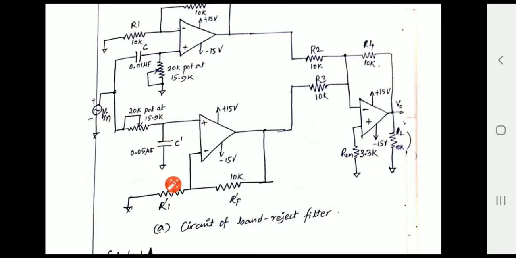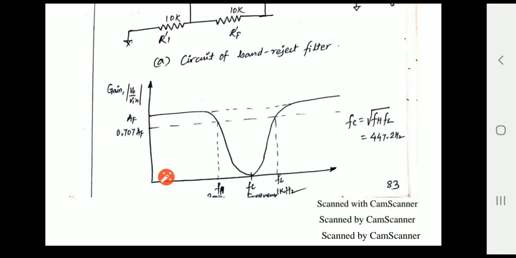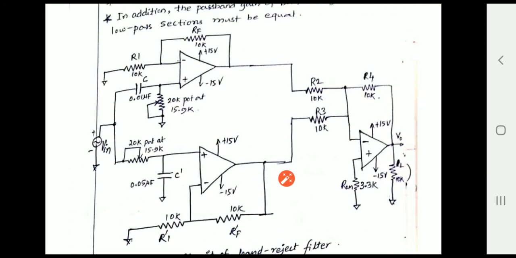Similarly, when the frequency of the input signal increases again and reaches the value of FL, which is the cutoff frequency for the high pass filter, at that time the reactance of this capacitor acts as a short circuit and allows the frequency components to pass through the circuit and become available at the output side.